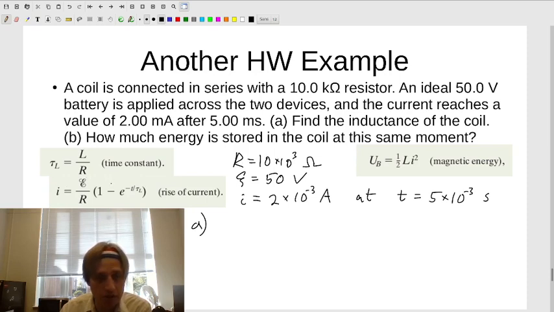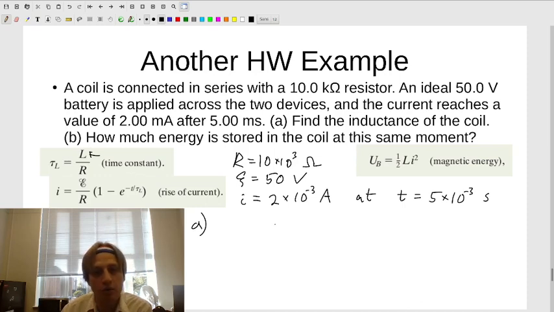It's getting towards its final value of V over R, epsilon over R. So in this problem, essentially what you're going to do is stick in all your values here, solve for your time constant, realize that your time constant equals L over R, and then solve for L.